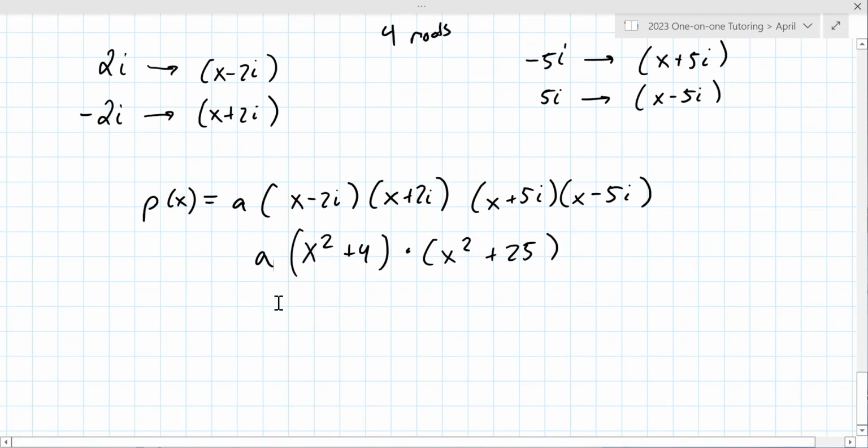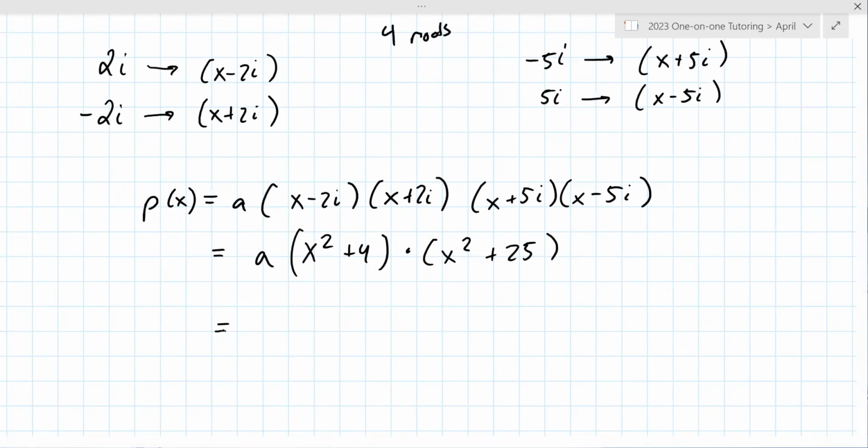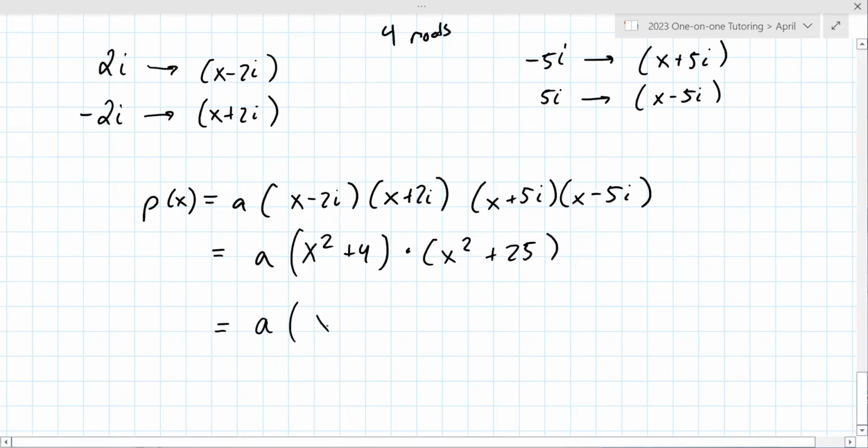Sure. Is it x to the fourth power plus 29x squared plus 100?